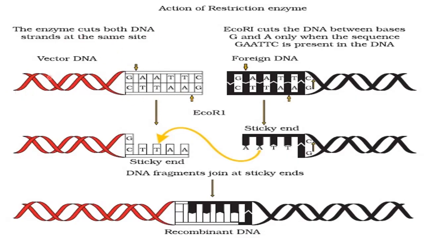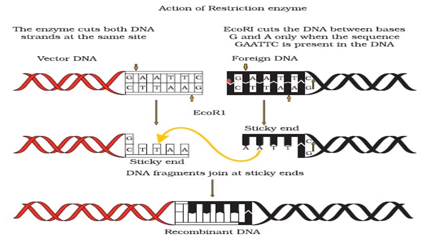So this is vector DNA and this is foreign DNA. And this sequence you can see here is a palindromic sequence, and this is the recognition sequence for EcoR1. So this is fixed. EcoR1 always recognizes this sequence, whether the DNA is of the vector or any foreign DNA, that DNA of our interest, our desirable gene that we want to deliver in the host.